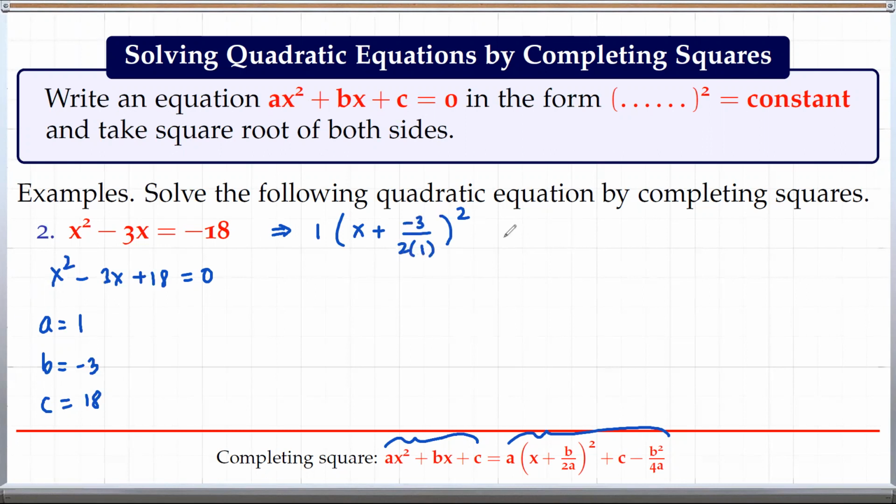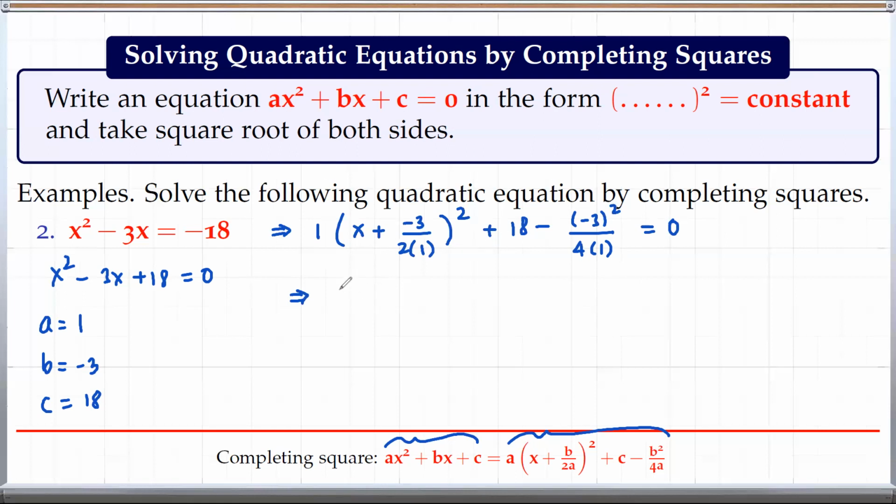Next we have plus c, and c is 18. And then we have minus b squared by 4a, b squared would be negative 3 squared, by 4 times 1. And equals 0 on the right side. So we have it set up here.